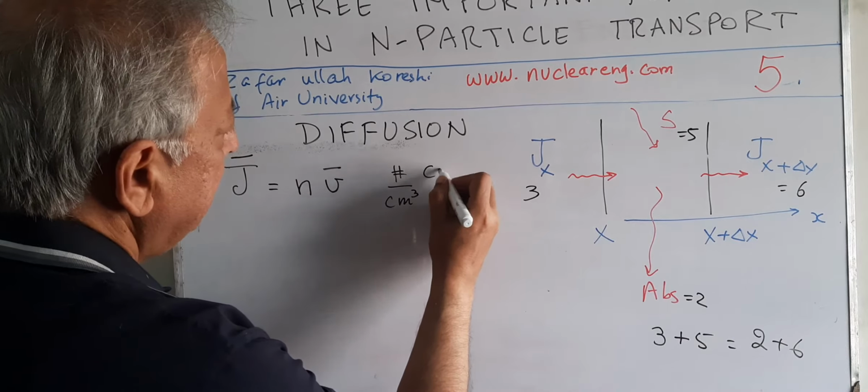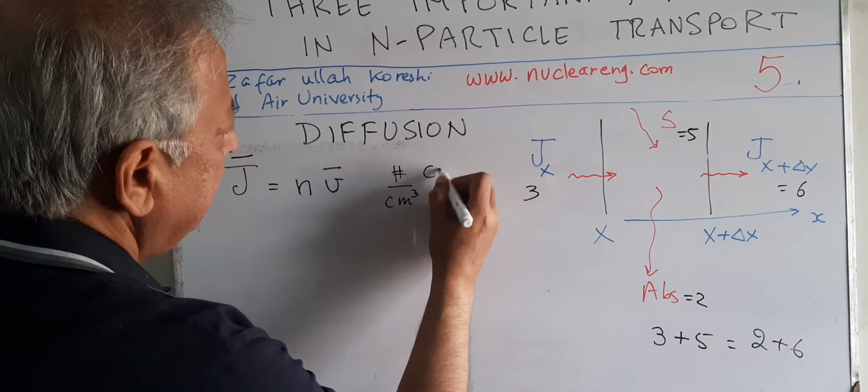I can write down that Jx, because it's per centimeter square, I can multiply it by the perpendicular area that is crossing. Plus the source, let's say it's a volumetric source, so let me multiply it by the volume of this imaginary box. So this is a box with distance delta x, delta y, height delta z.